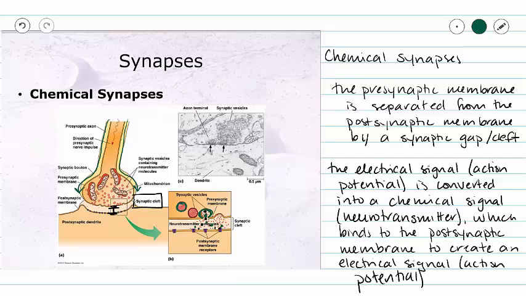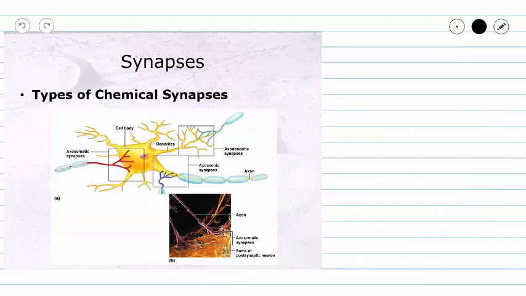That neurotransmitter will bind onto receptors on the postsynaptic membrane to cause an action potential in our postsynaptic membrane. So our chemical synapses are reliant on neurotransmitters to carry our message from our presynaptic cell to our postsynaptic cell.